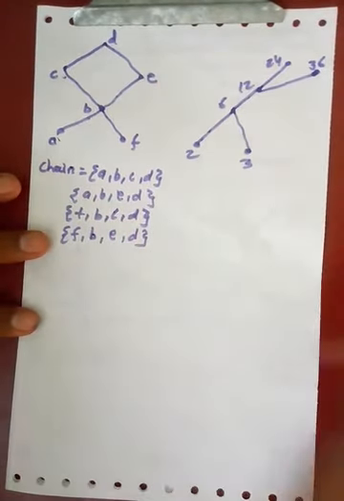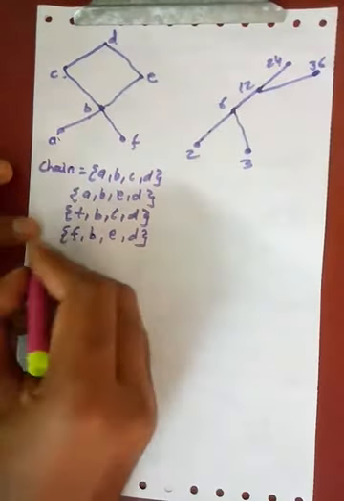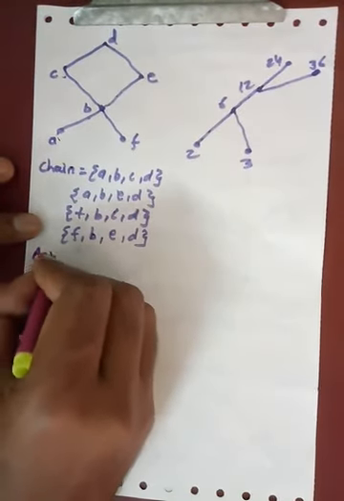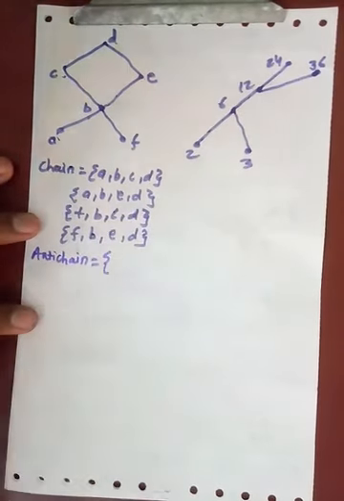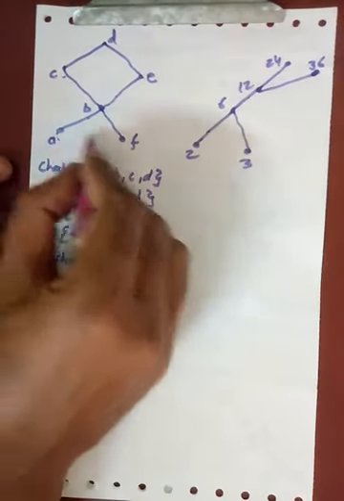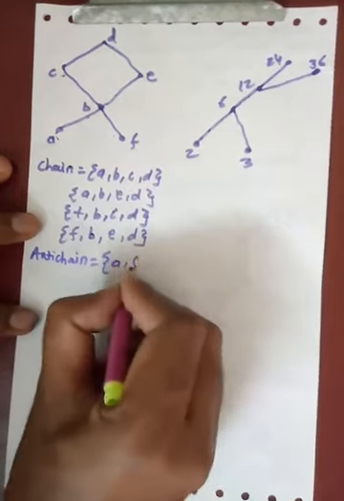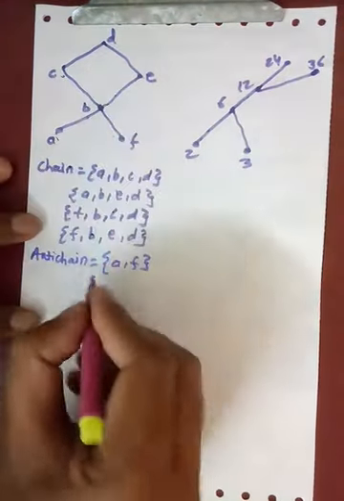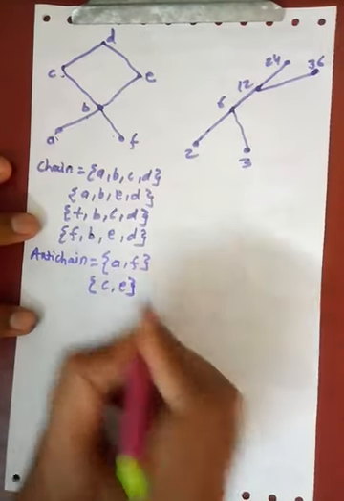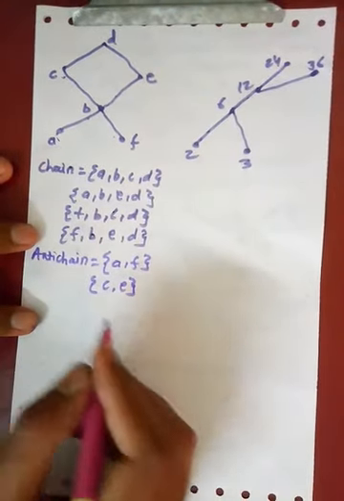So these are chains. Then what about the anti-chain? Anti-chain is non-comparable or non-related elements, that is A comma F, and the second one is C comma E. So this is the anti-chain.